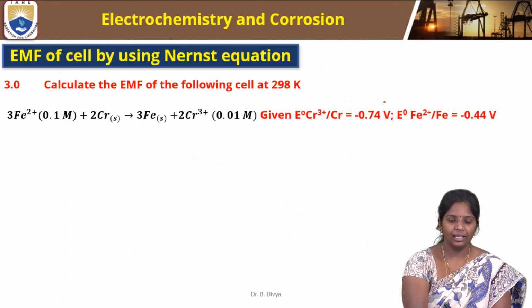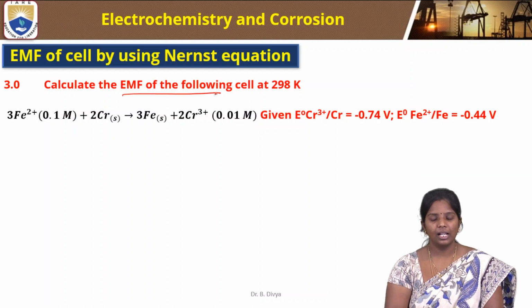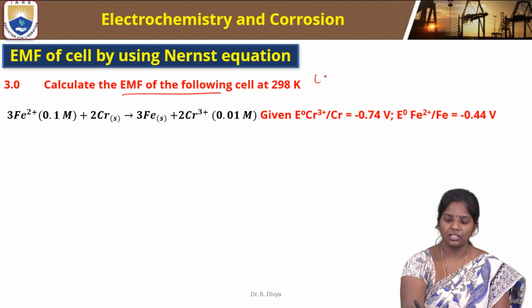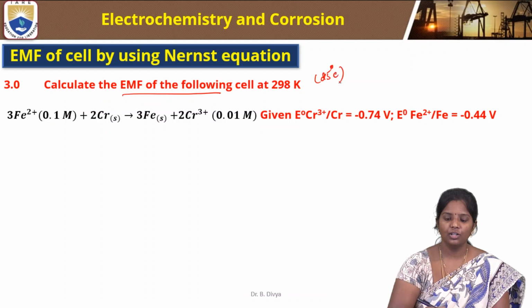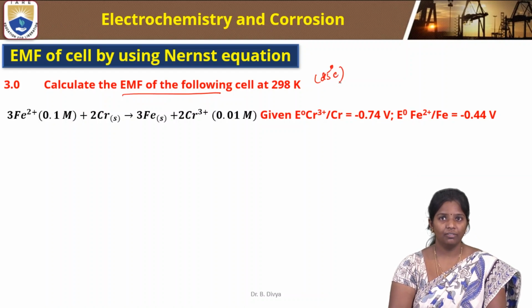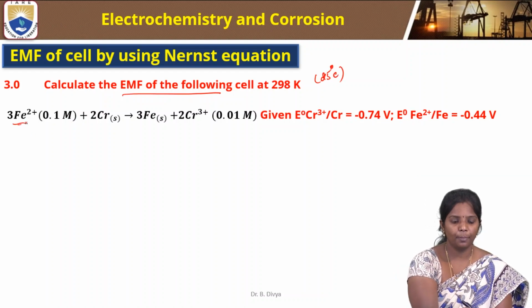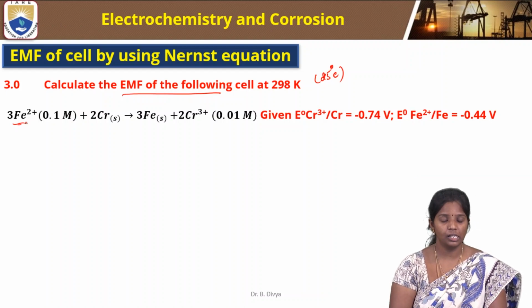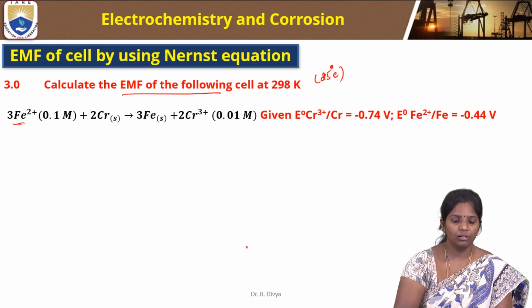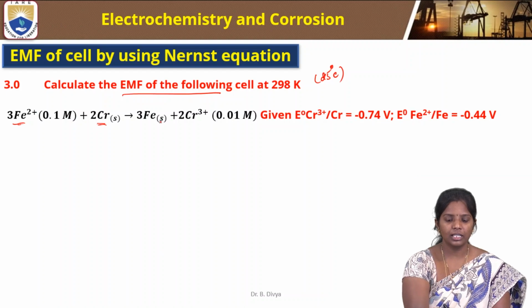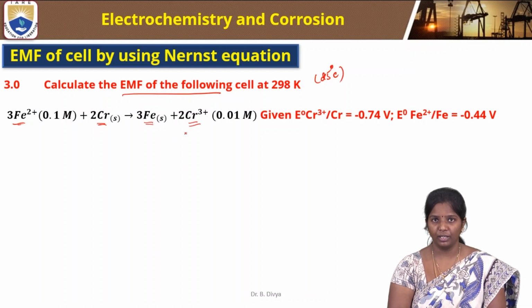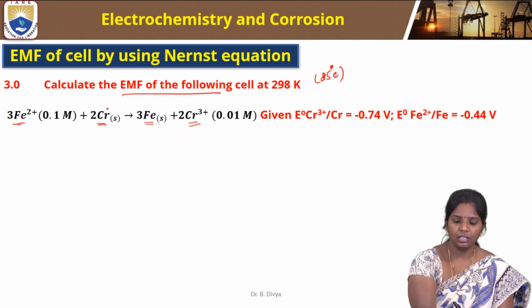So next is: calculate the EMF of the following cell at 298 Kelvin, which is nothing but 25 degrees centigrade, so standard temperature. They have given the reaction that is taking place: Fe2+ ions plus chromium converting to Fe and Cr3+ ions.